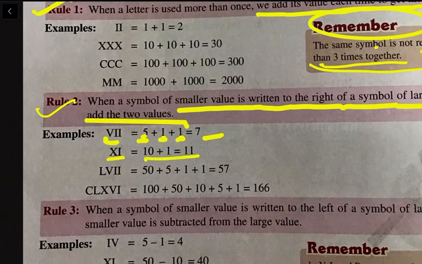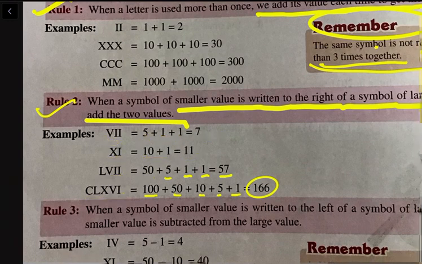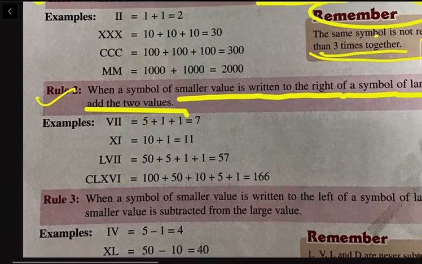Similarly, XI stands for 11. LVII stands for 50 plus 5 plus 1 plus 1, 57. CLXVI is 100, 50, 10, 5, 1: 166.